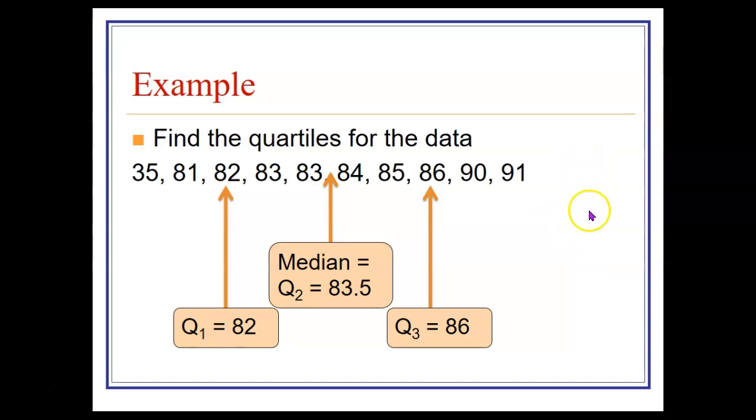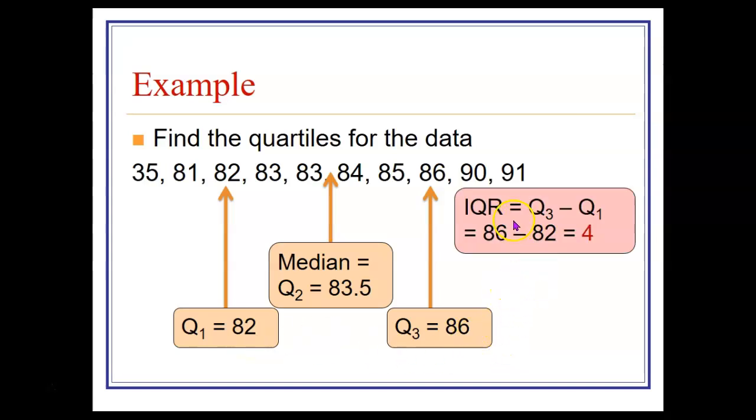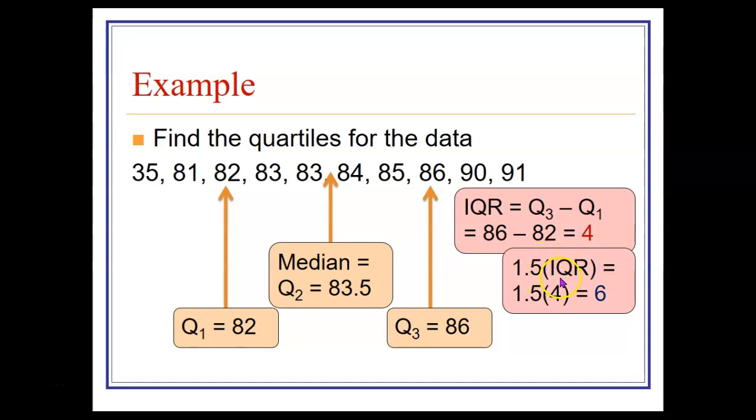But in the example we were just looking at, we got that Q1 was 82 and Q3 was 86. So the interquartile range, Q3 minus Q1, would be 86 minus 82, which comes out to be 4. So that's a pretty small interquartile range. These two numbers aren't very far apart from one another. Then 1.5 times that interquartile range, that would be 1.5 times 4, which is 6.